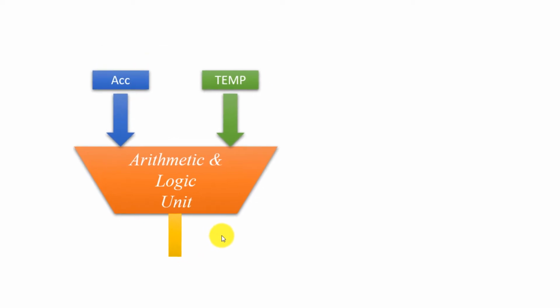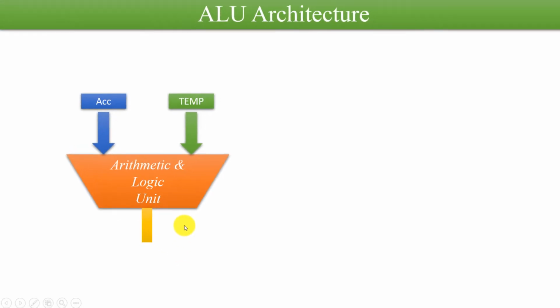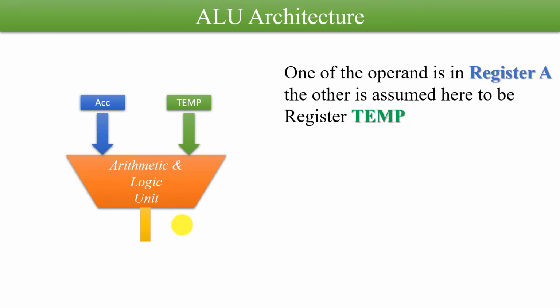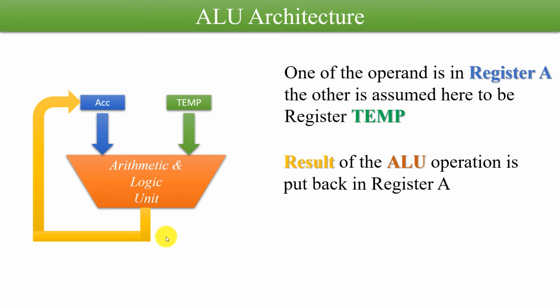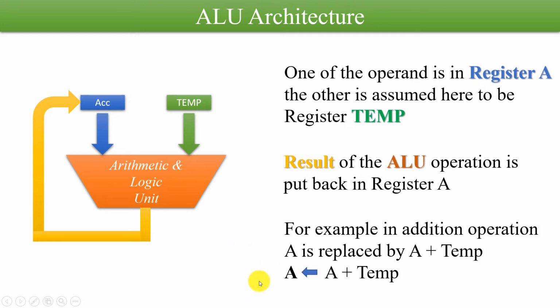And the beauty of the architecture of 8085 is that the value is put in register A itself. So the result of the ALU operation is put back in register A. The third important aspect is that when you perform the addition operation or any other operation, then the A plus temp will be put back in register A.